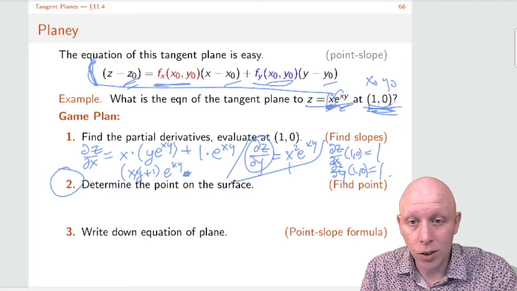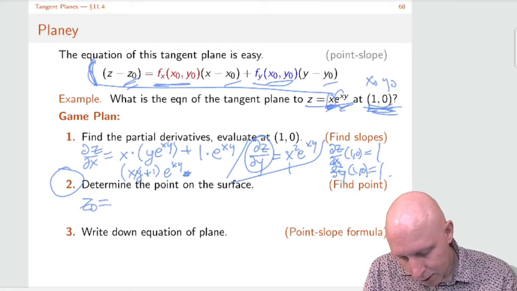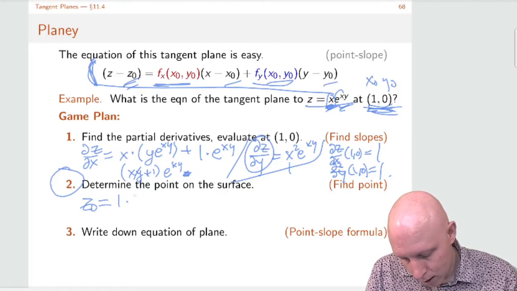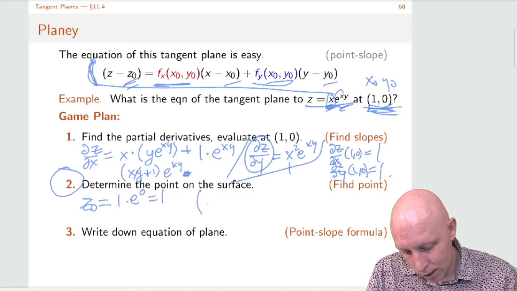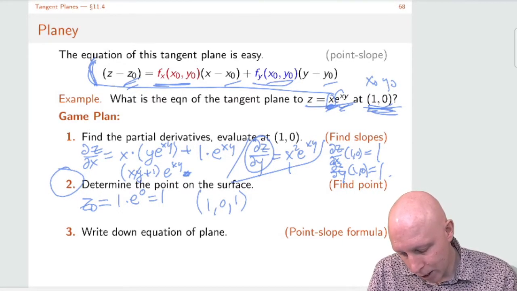So those are our two partials. Now we need the point on the surface. So what is z naught? It's equal to the function of x naught and y naught. So we get 1 times e to the 0, which again is 1. So our point on the surface is (1, 0, 1). And now we use those to write the equation of the plane.